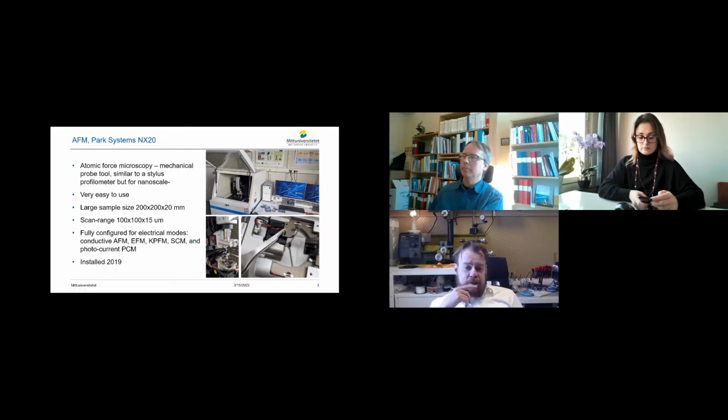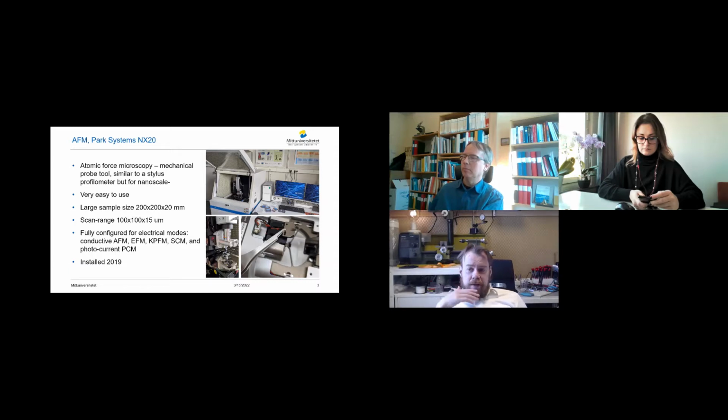The advantages of this particular machine is that it has a very large sample size that you can use. Most AFM handles samples that are like 1 cubic centimeter or something like that in size. But in this one, you can fit something that is 200 by 200 by 20 millimeter.